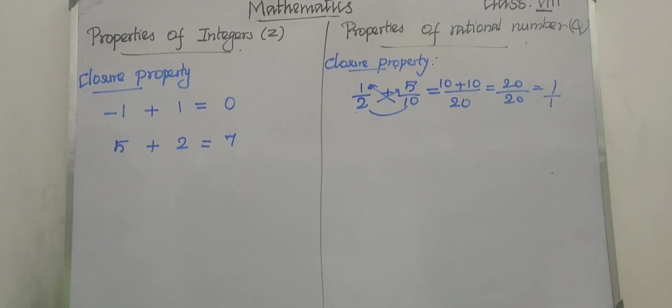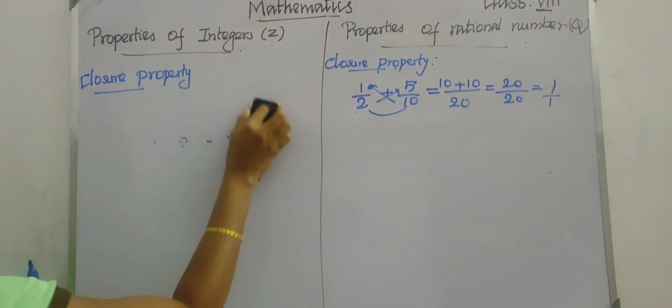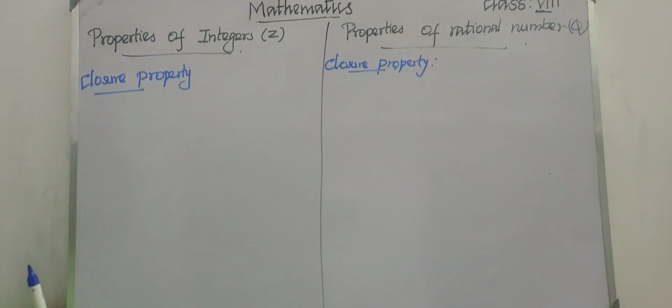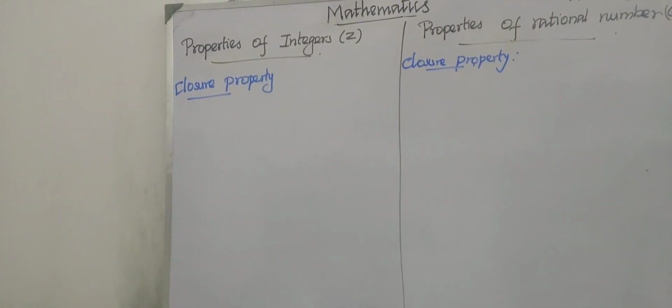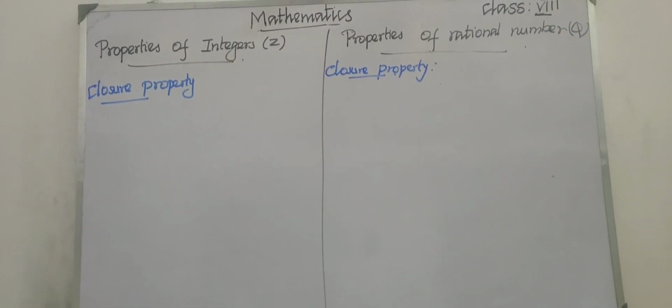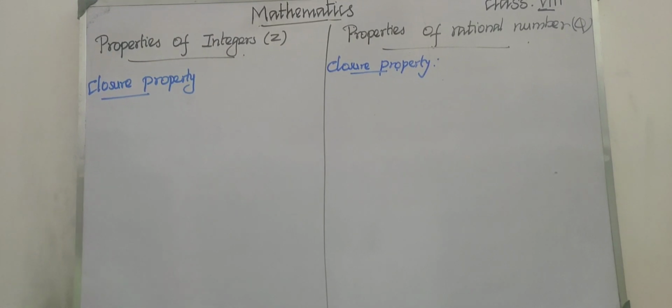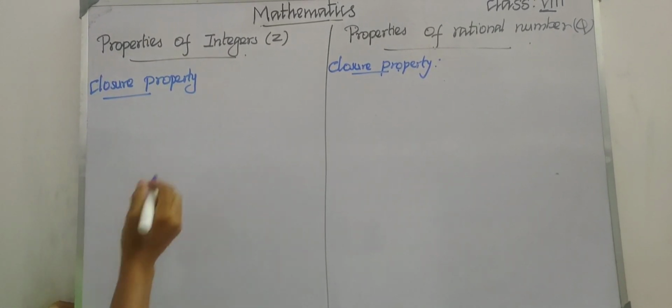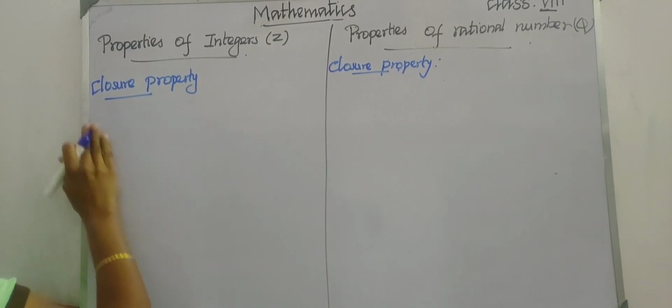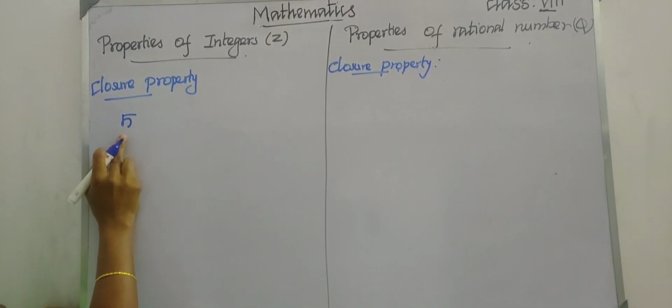So we have seen addition in closure property. Let us see subtraction. If I have 5 minus 2, 5 is an integer, right?